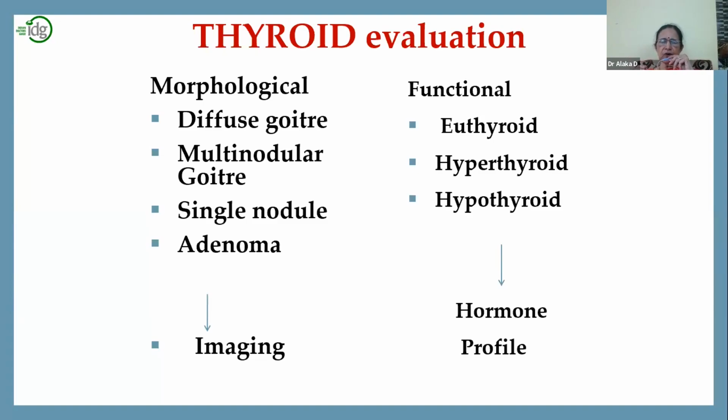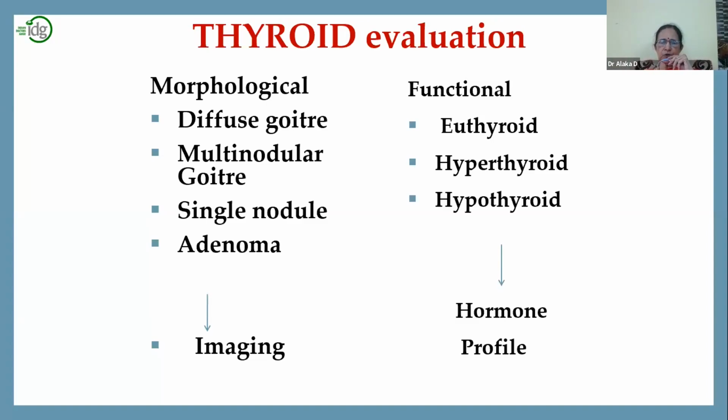Then the functional evaluation. Functional evaluation is by measuring the hormones secreted by the thyroid. If the hormones are normal, we will call the patient euthyroid. If the hormone level is increased, we call it hyperthyroid. If the hormone level is decreased, we call it hypothyroid. So that will be a hormone profile. When we combine this morphological and functional evaluation, we get permutations and combinations.